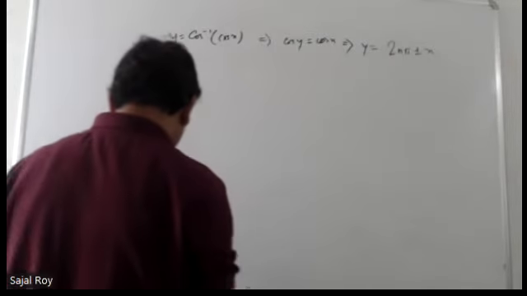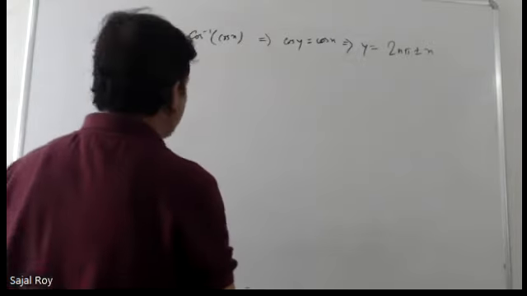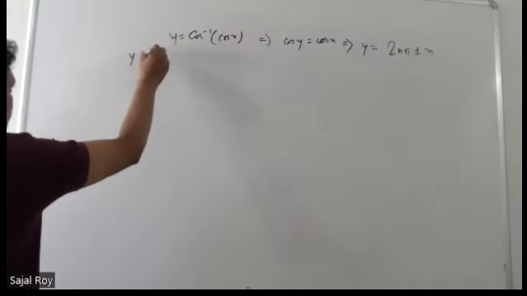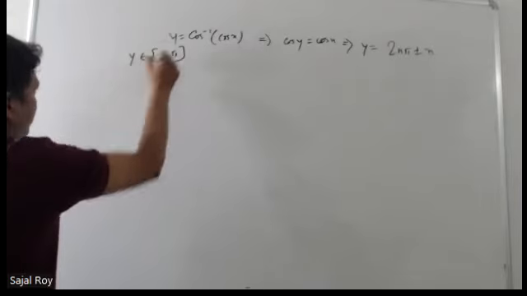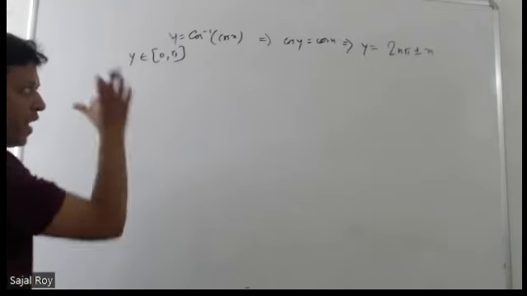So y equal to, now I have cos, right? In this case, you have to remember that y should be within this range, 0 to pi.